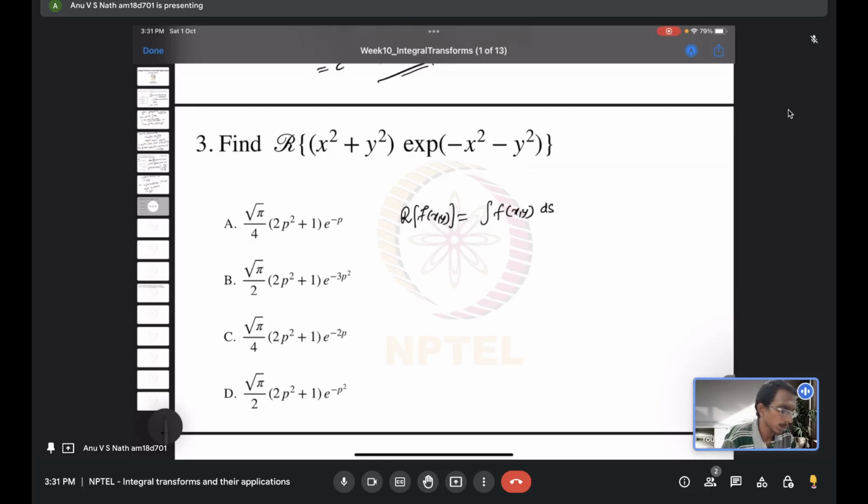We are integrating over the line along the directions, where x we can substitute in terms of p cos phi minus s sin phi, and y we can substitute as p sin phi plus s cos phi.